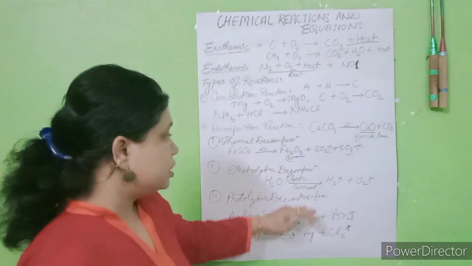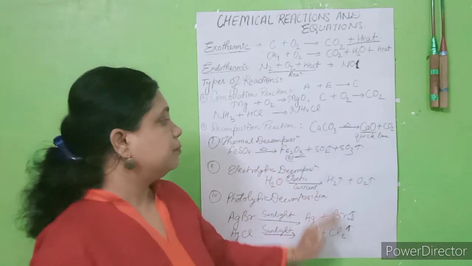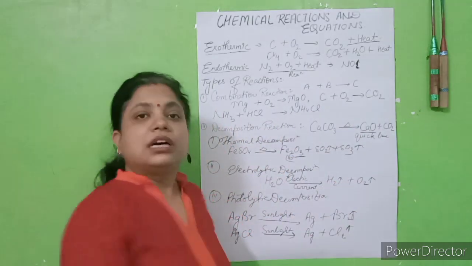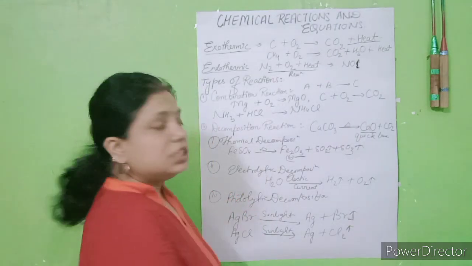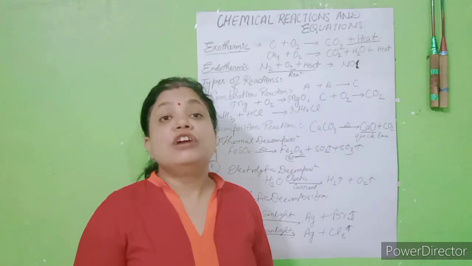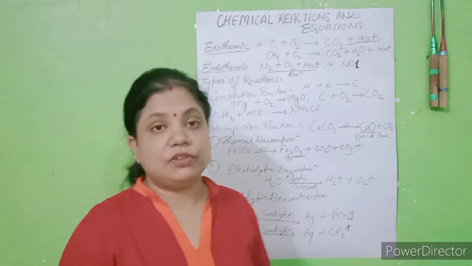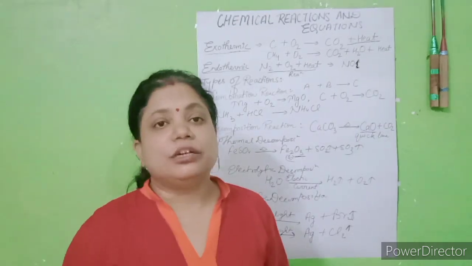Here we observe decomposition reaction, where one single compound decomposes and forms two or more compounds. Silver bromide and silver chloride are used in black and white photography. So these are the combination and decomposition reactions.